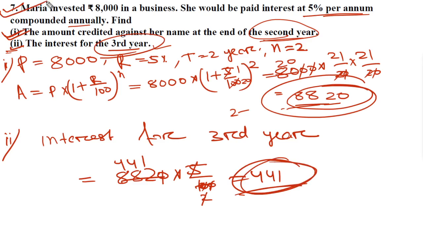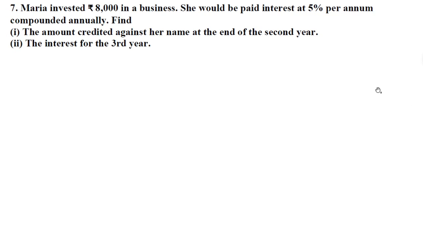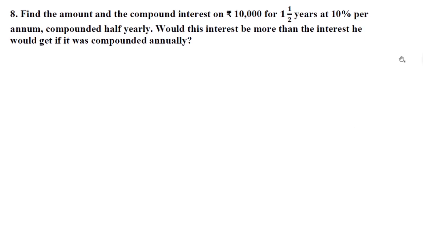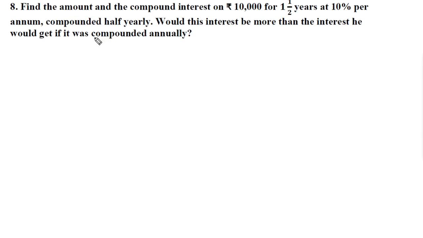So very simple question. Now we'll move to the next question, question number 8. Find the amount and the compound interest on rupees 10,000 for 1 and 1 by 2 years at 10% per annum, compounded half yearly. Would this interest be more than the interest he would get if it was compounded annually?